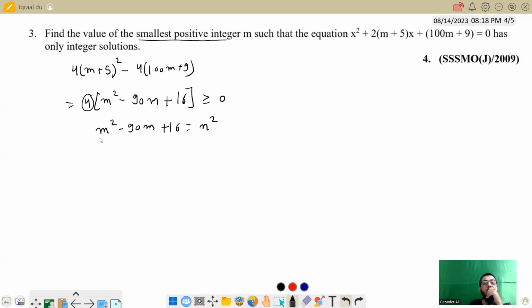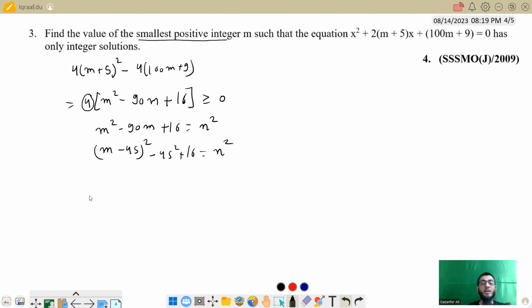Okay, make this a perfect square: (m minus 45) whole square, minus 45 square plus 16 is equal to n square.